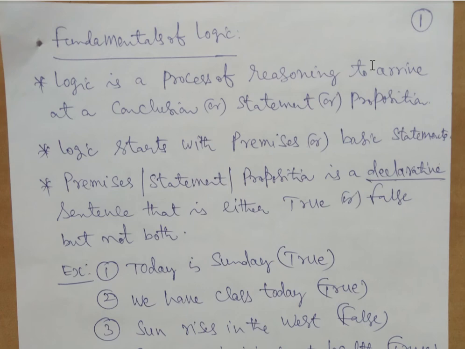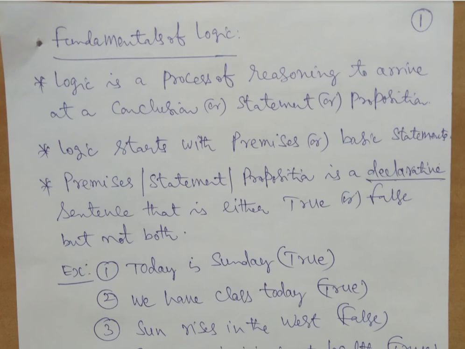A similar process mathematically is given here. Logic is nothing but the process of reasoning to arrive at a conclusion or a statement. We call it by different names: it can be a conclusion, a statement, a proposition, or a premise. All these are the same thing here. But mathematically, a premise, statement or proposition is a declarative sentence. Please remember the adjective: declarative sentence, that is either true or false.